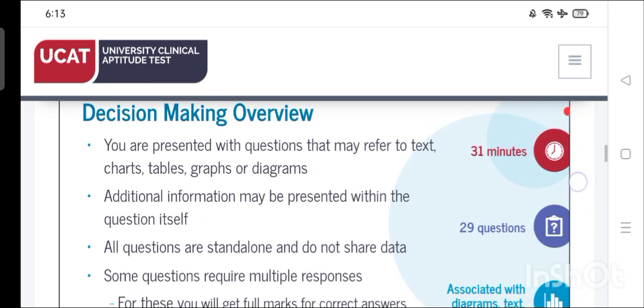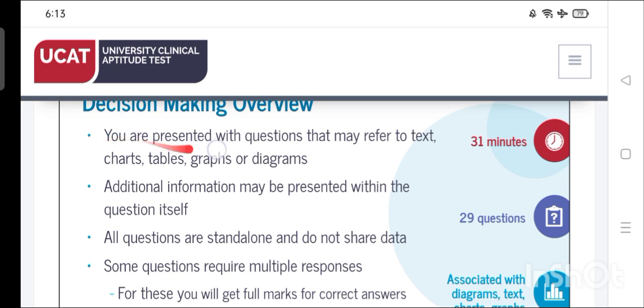Okay, next we have that you are presented with questions that may refer to text, charts, tables, graphs, or diagrams. Additional information may be presented within the question itself.